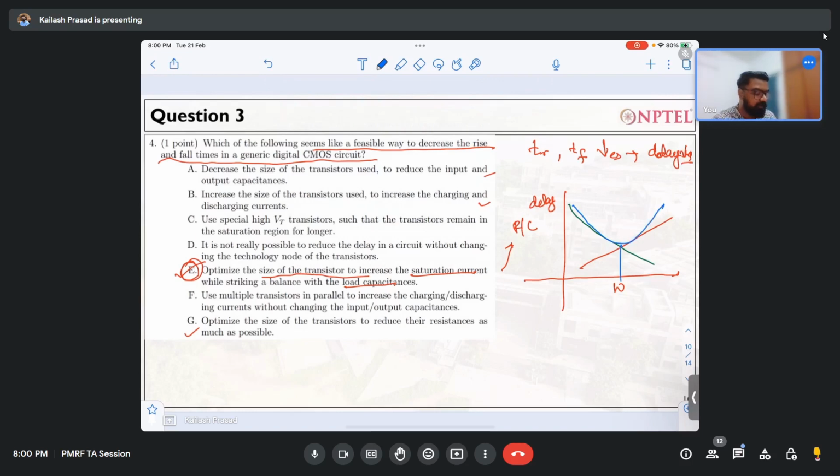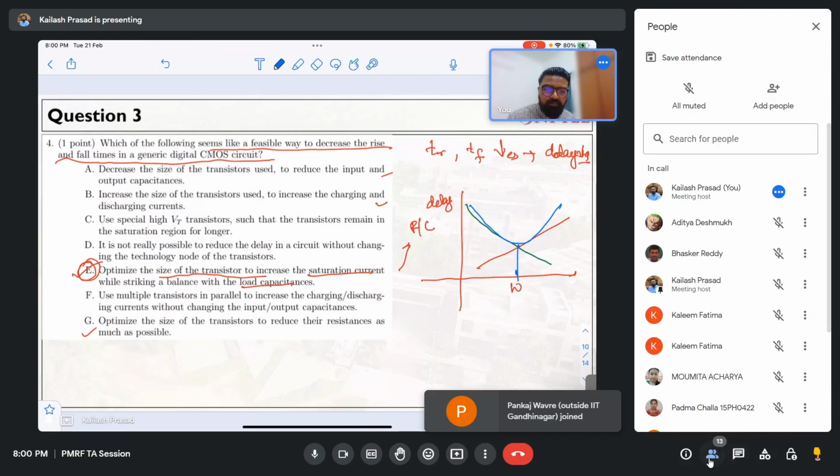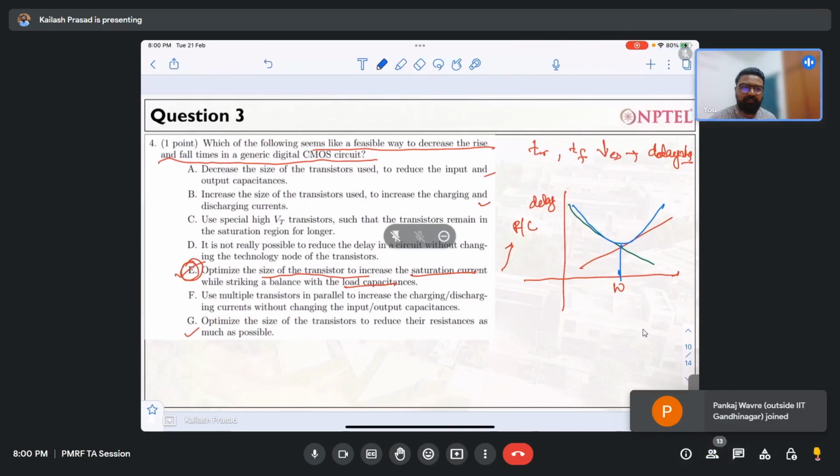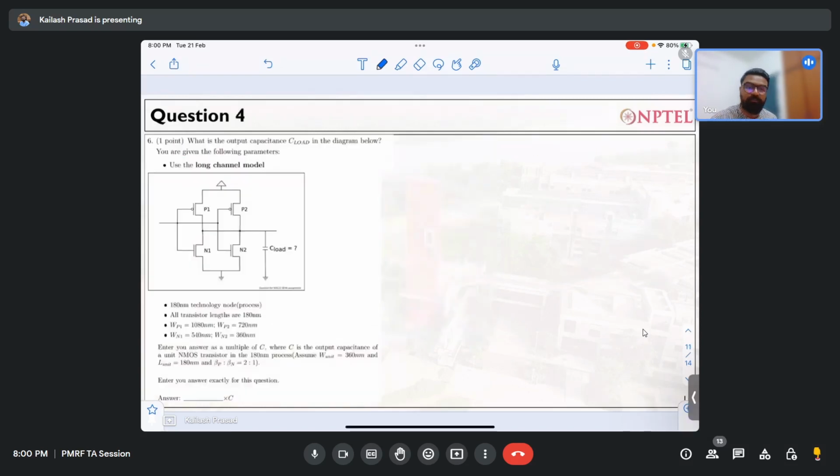You have to optimize this point. Everybody agrees with this? Okay, so that's the correct option, E. Now we will move to another one.